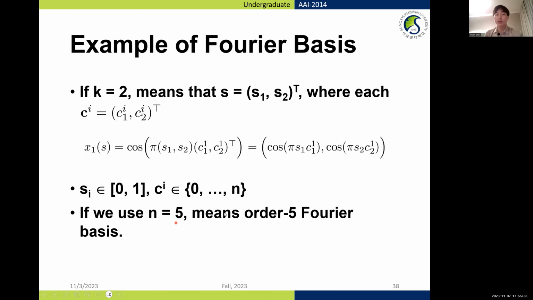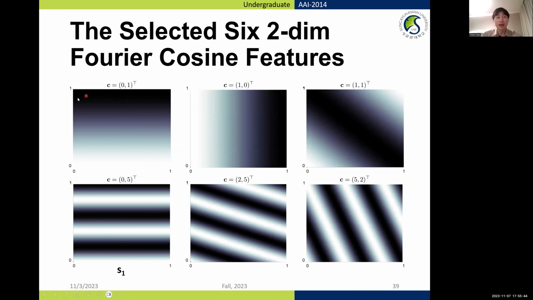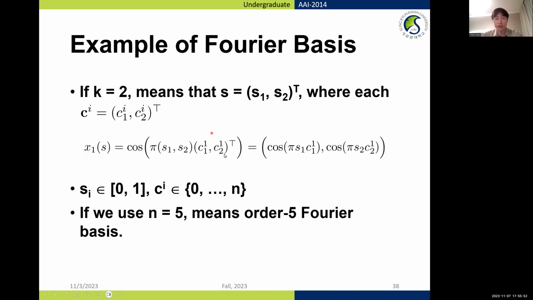For example, if we use n equals 5, that means the order 5 Fourier basis. Now we can draw some figures to show what it looks like. Here are 6 selected two-dimensional Fourier cosine features.